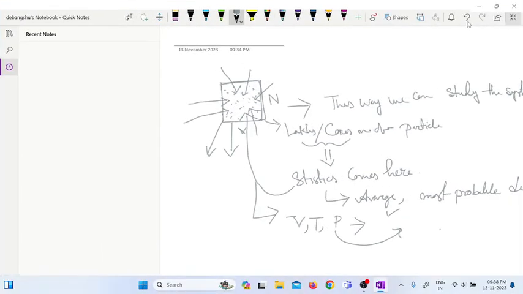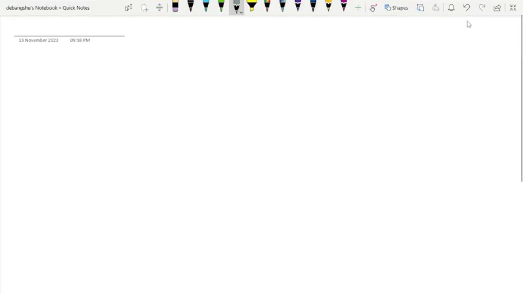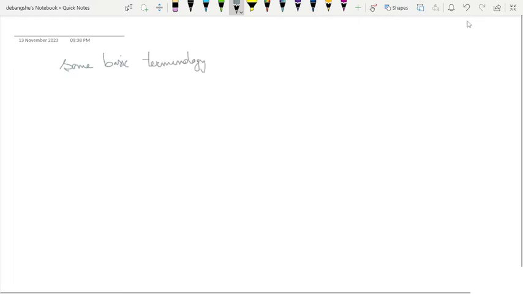Now I'm going to move to another important part, and this part is some basic terminology. So this is important actually.